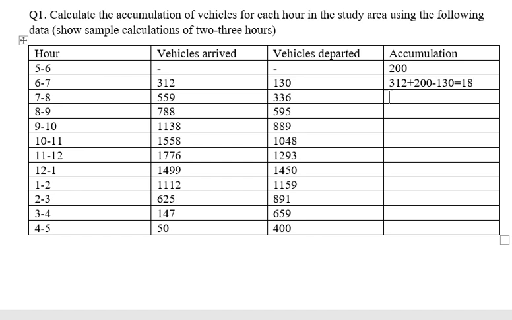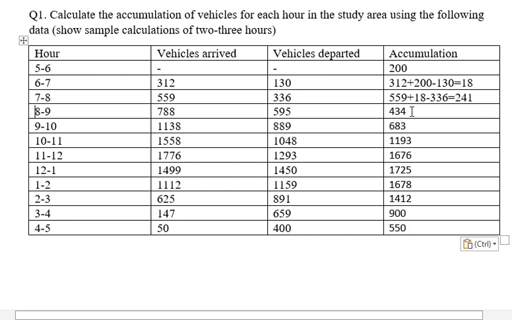The next one: 559 arrived, so I should add them, plus 18 who were already in the area, minus 336 who left. So this will give me 241.